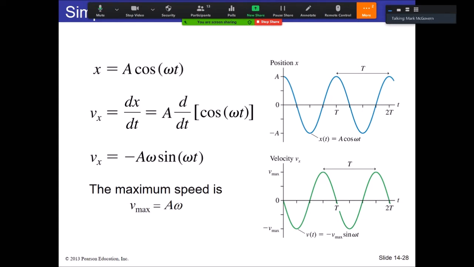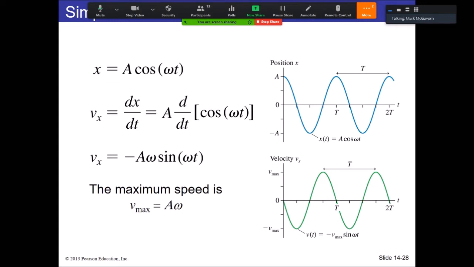So taking the time derivative of the cosine function, okay, it's going to turn that into a minus sine. That's what the derivative of cosine is, minus sine. And a factor of omega comes out to the front as a result of the chain rule. So our function for the velocity at any given moment is v = -A omega sin(omega t).